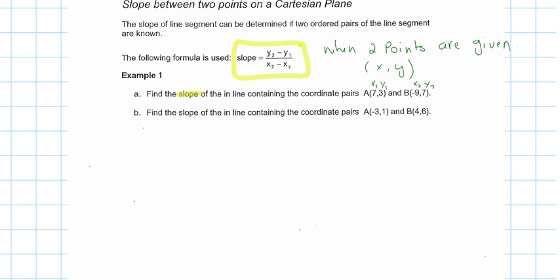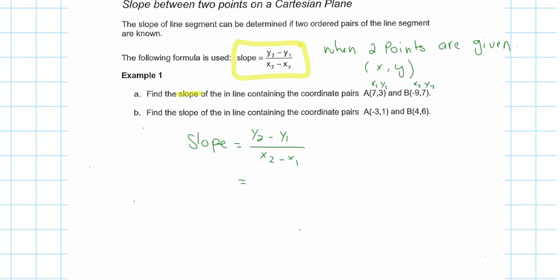So, eyes on the board, please. Slope is equal to, I'm going to write the formula, y2 minus y1 over x2 minus x1. What is the value of y2? 7. Do you guys see that? You see that y2 is 7? Okay.